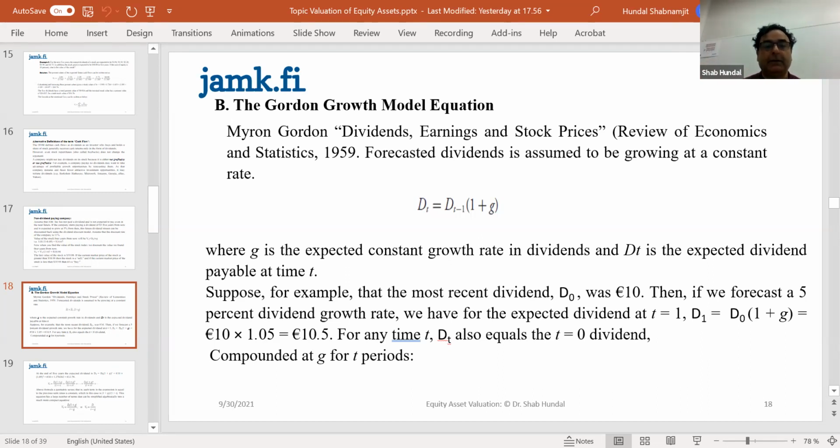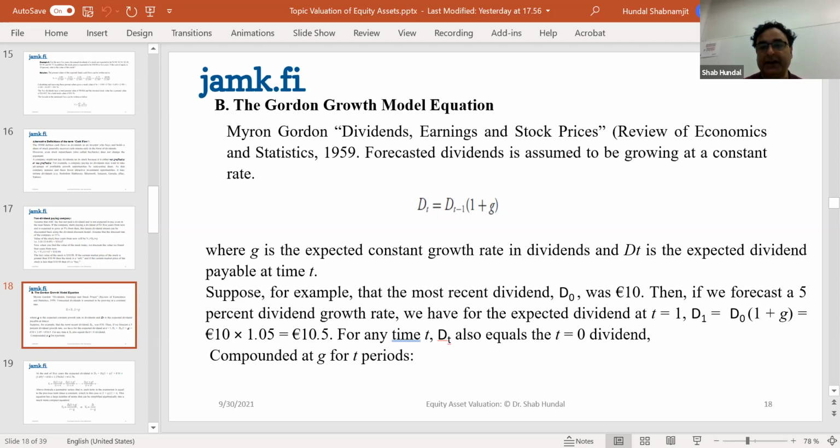All right. G is the growth rate. Dividend in the last year is D(t-1). G is, as I said, the growth rate of dividend, and D(t) is the expected dividend at time t. Suppose that the most recent dividend was 10 euros.